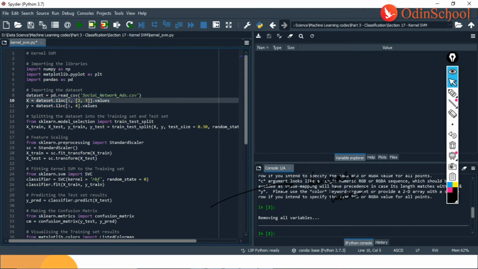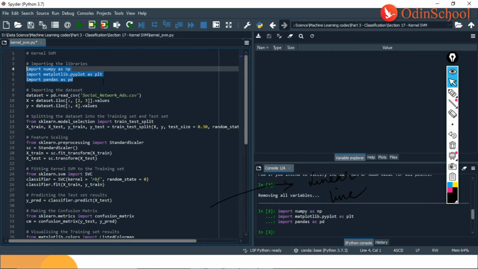So within my X, I have 2 comma 3, and within my Y, I have 4th. Right? Let us now execute the first 3 steps. Done that. Execute the data set in the second 3.